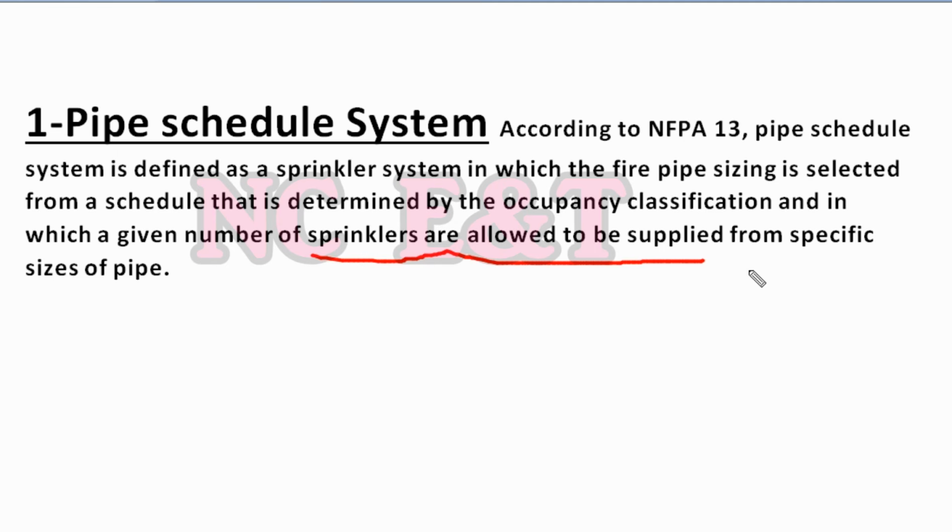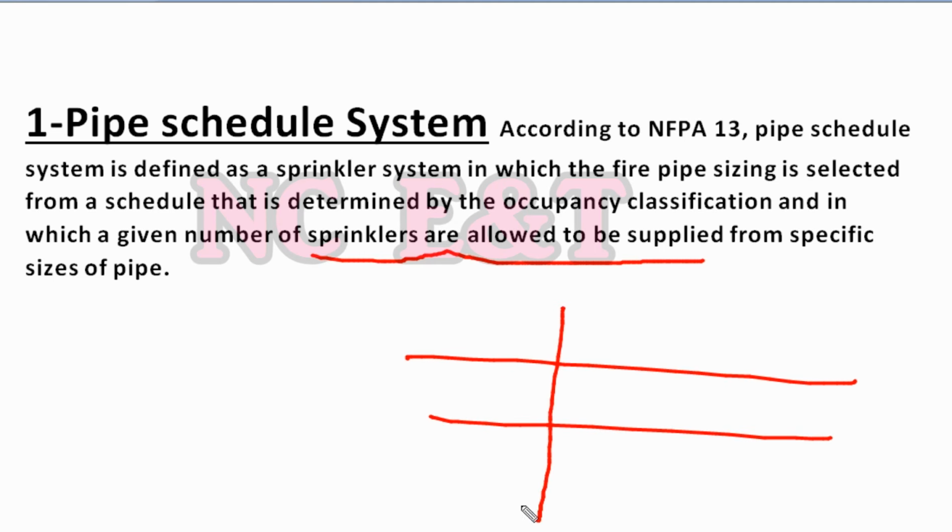In this system, we have a pipe schedule in which on one side we have the number of sprinklers, and on the other side we have the predetermined pipe size, or a specific number of sprinklers which can be used up to the specific or predetermined pipe size.